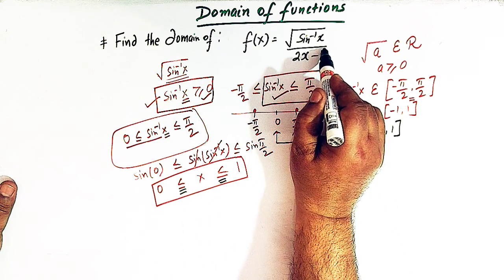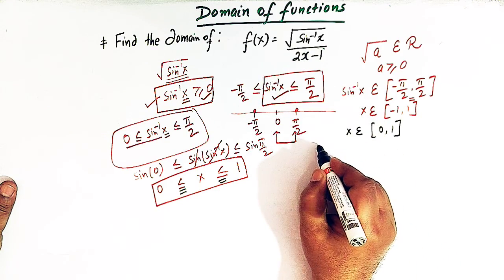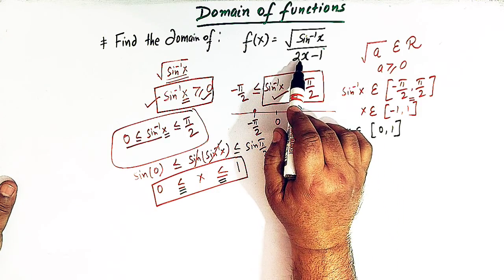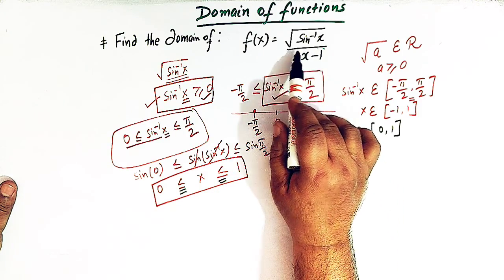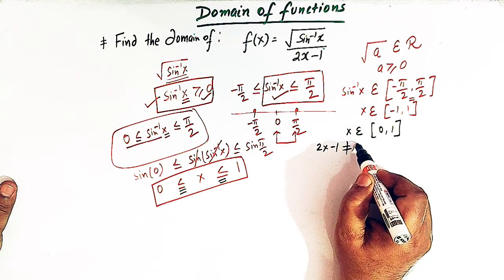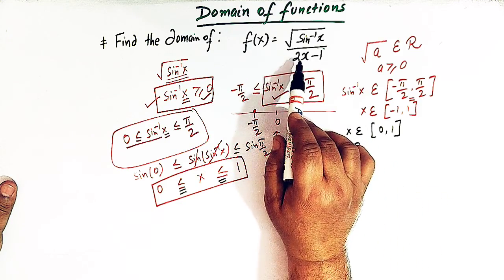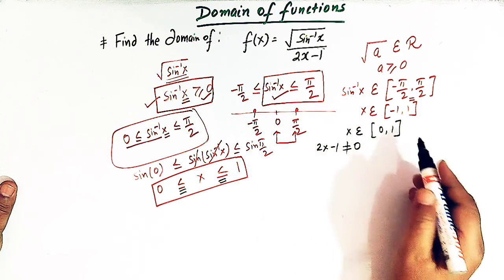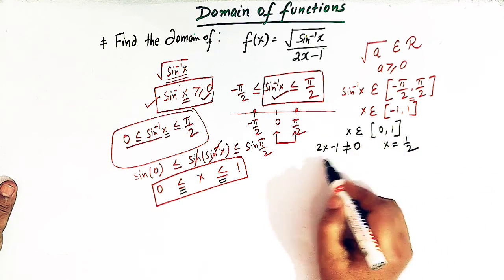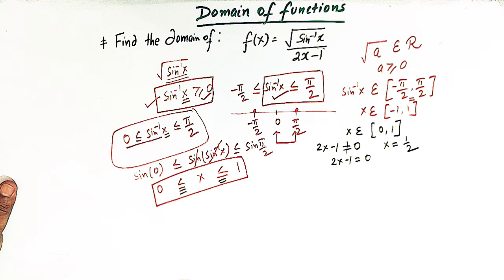So now let us consider this function which appears in the denominator. So here we have 2x minus 1, right? Now since this expression 2x minus 1 appears in the denominator, this function should not be equal to 0, because the moment this expression takes the value x is equal to half, 2x minus 1 becomes 0, right?